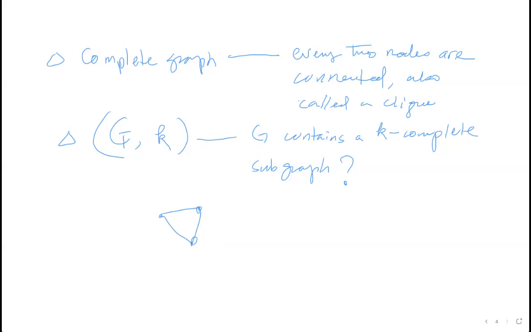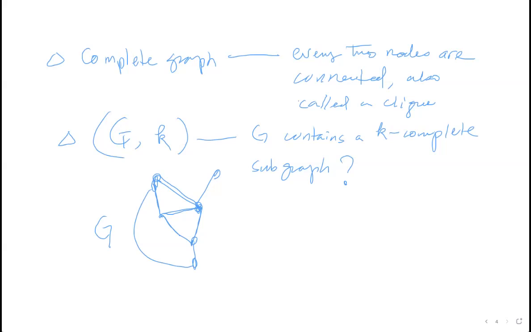This is a 3-clique because it has 3 nodes, and then maybe you want to connect the other ones. So let's say this is your G. Then I want to know whether this G contains a 3-clique. Of course we know it contains one here, and then another one here. So it contains a 2-clique, and at least it contains a 3-clique.